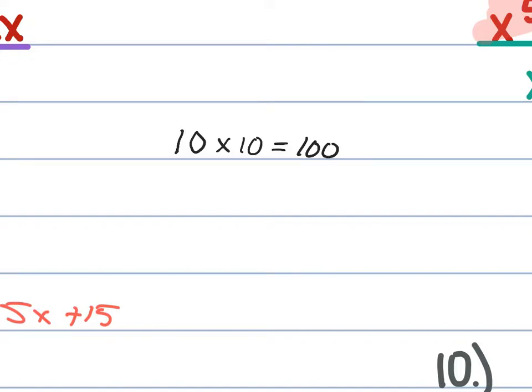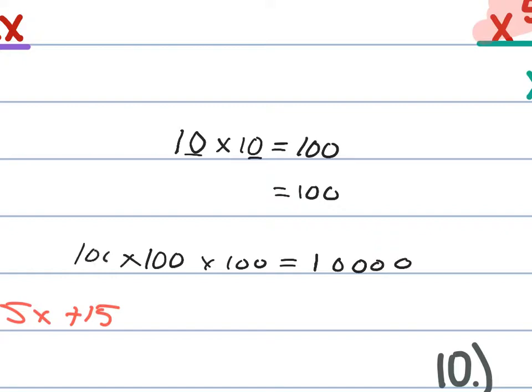If you're not sure there, I just know that I'm going to have a 1 with 2 zeros on it. So we end up with that. So we've got a 1 with 2 zeros right there. Same with multiplying 100 times 100. In this case, I'm going to have a 1 with 4 zeros on it. 1, 2, 3, 4. But now I've got times another 100, which picks up 2 more zeros.